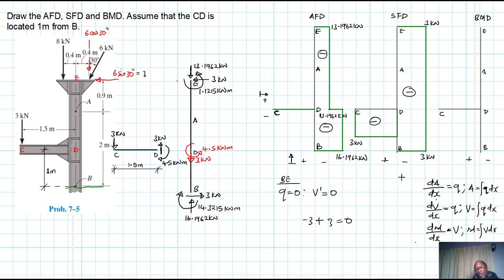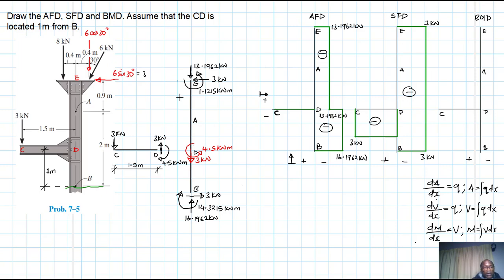All right, let's go now to moment. Let's draw the diagram for moment. Let's start with a column at B. What is our moment at B? At B, we have a clockwise value of 14.3215. So we need to use a counter direction, which is counterclockwise, because if we make a very small section here, our internal moment is going to be in the opposite direction, anti-clockwise, of the same magnitude.